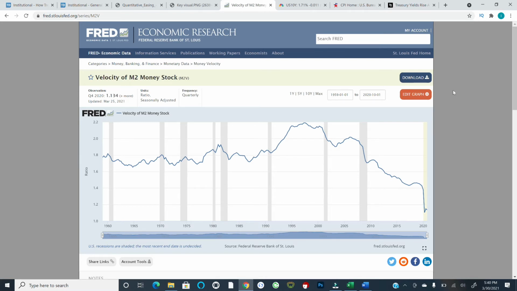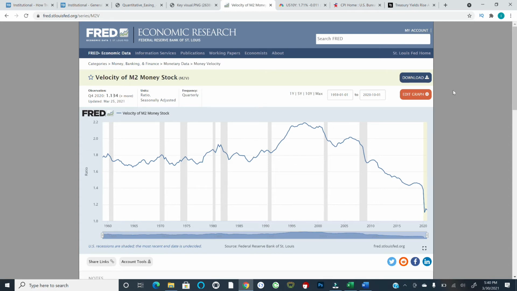What we've seen over the last decade plus is that that hasn't really been happening for a variety of reasons. And so all those extra bank reserves have been stuck in the banking system and have instead gone into financial assets. So we've certainly seen financial asset price inflation, but we haven't necessarily seen as much broad consumer price inflation.